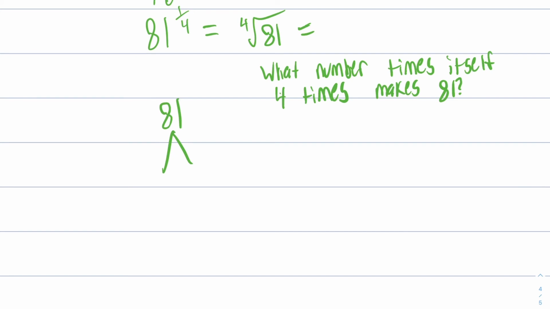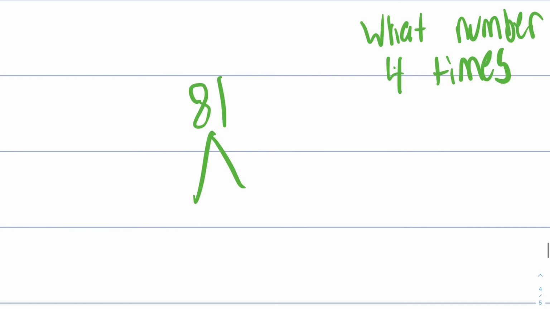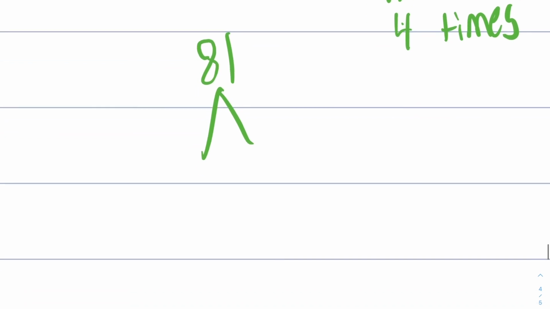If we turn this 81 into its factors, then we can find out what number times itself makes 81. 81 is 9 times 9, and 9 breaks down to be 3 times 3. This other 9 also breaks down to be 3 times 3.